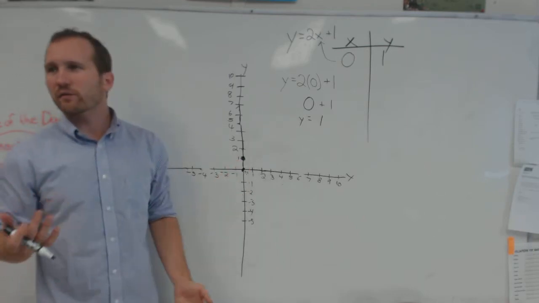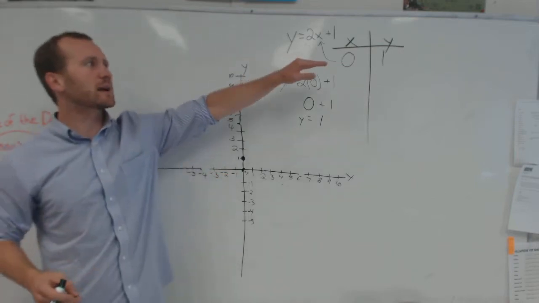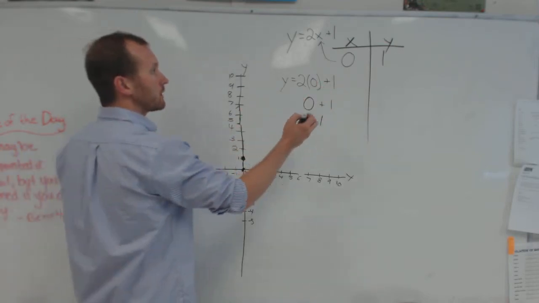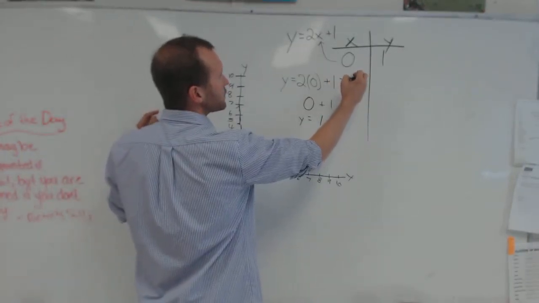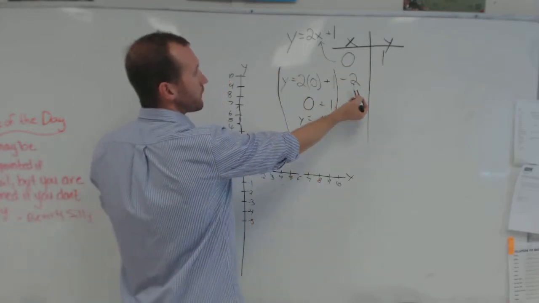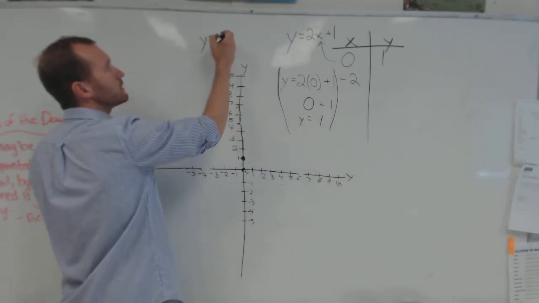I'm going to do maybe 4 of these. On your homework, it's actually going to tell you what x is. So, no, let's do negative 2. If x is negative 2, plug that in here. Y equals 2.